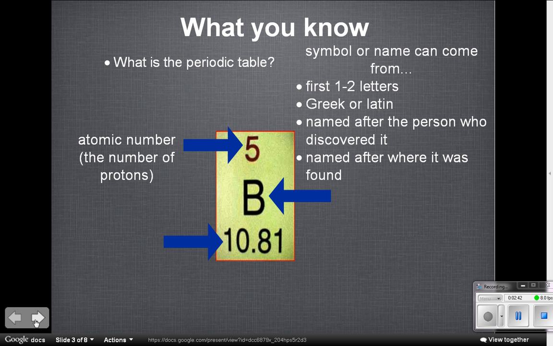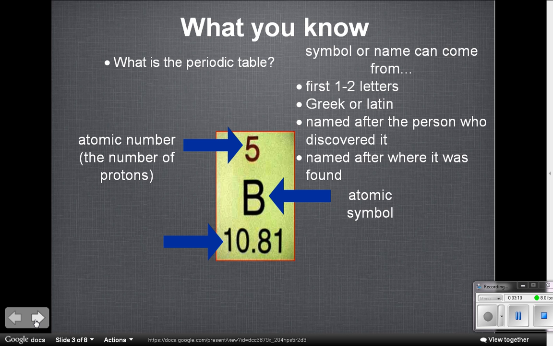So these atoms are made of protons, neutrons, and electrons. And so the atomic number represents the number of protons in that element. And then the letter is the atomic symbol. Scientists like shorthand. We use symbols to represent things like units of measurement, also elements.